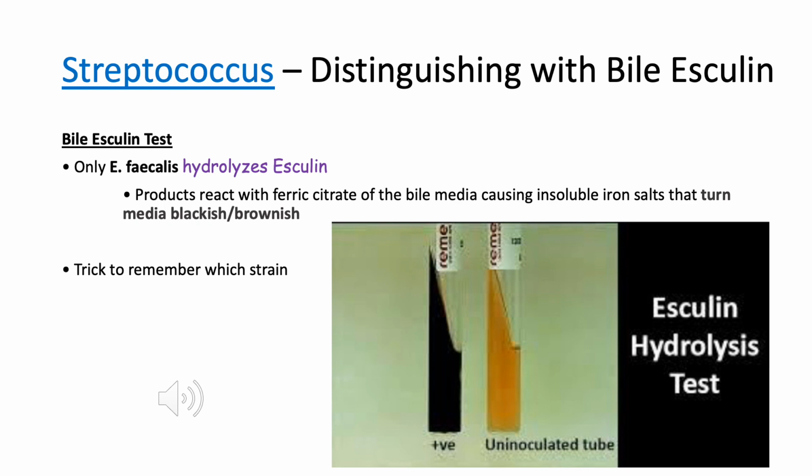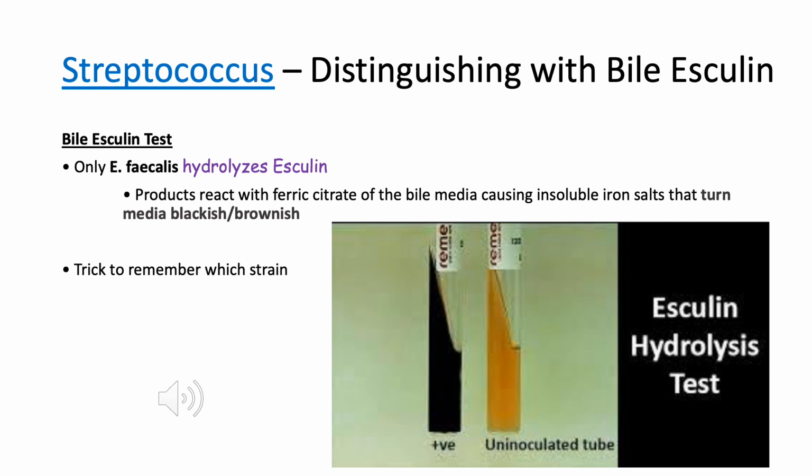Another test to help distinguish the Streptococcus species in your patient's infection is the Bile Esculin test. And only one species of strep, E. faecalis, is capable of hydrolyzing esculin. So when that happens, the products react with ferric citrate in the bile media, which causes insoluble iron salts that turn the media blackish brownish.